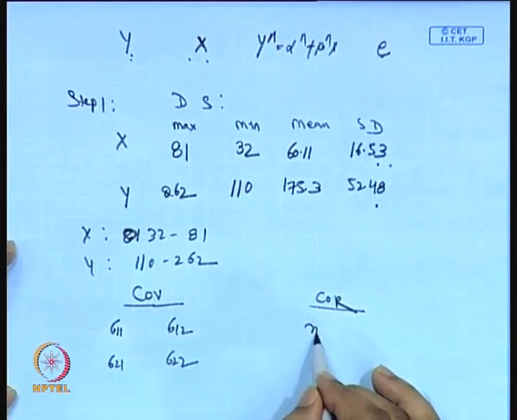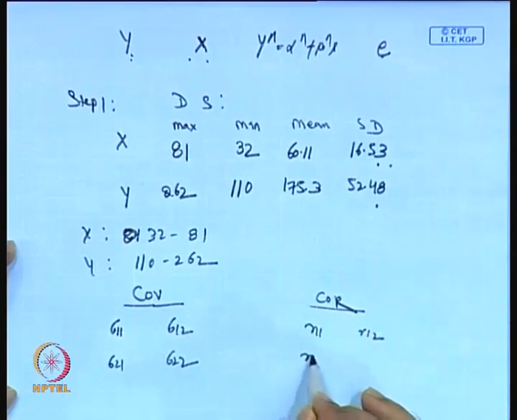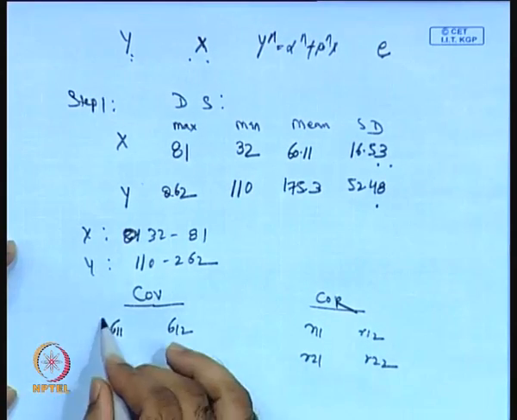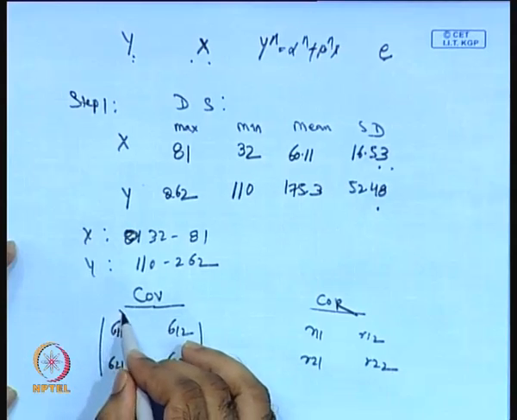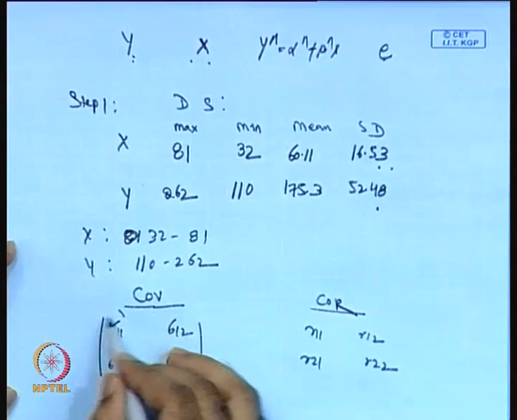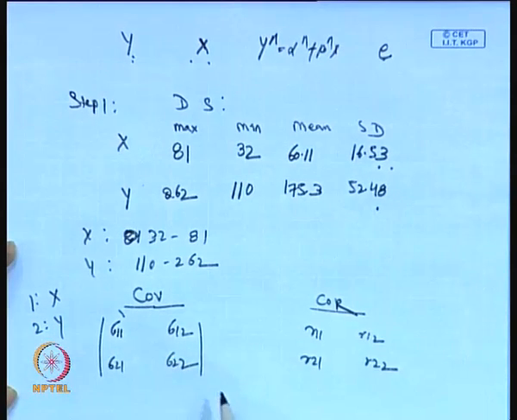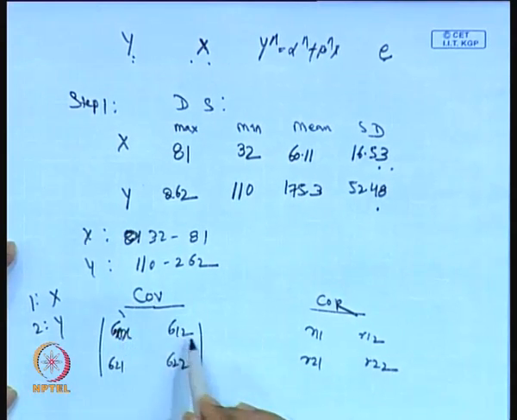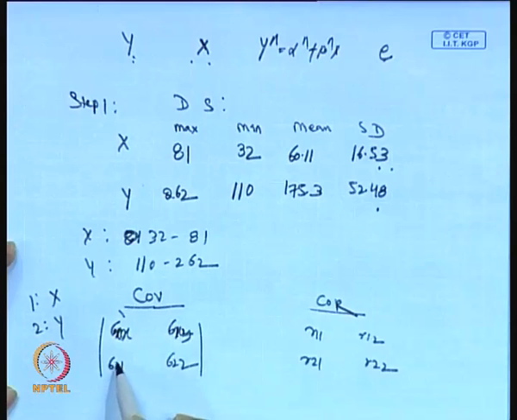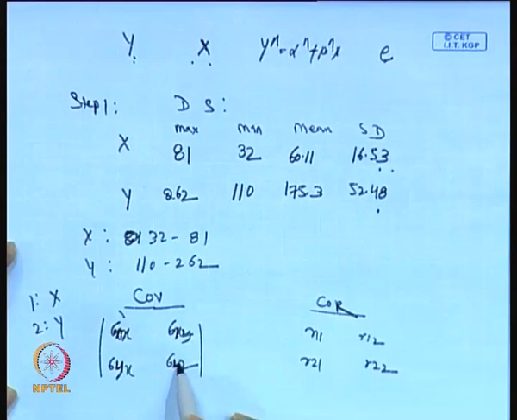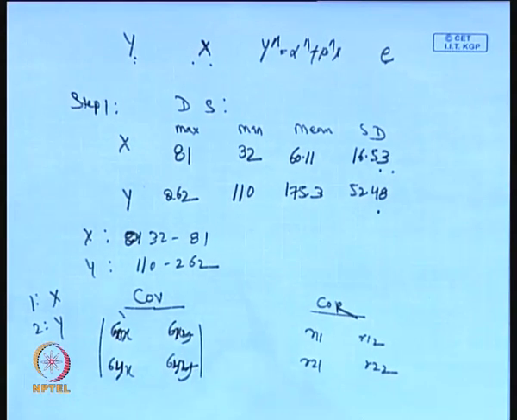Similarly, R 1 1, R 1 2, R 2 1, R 2 2. In this structure, 1 stands for x and 2 stands for y. So, instead of 1 1 we can call it sigma x x, then sigma x y, similarly sigma y x, then sigma y y. This is another way you can represent it.